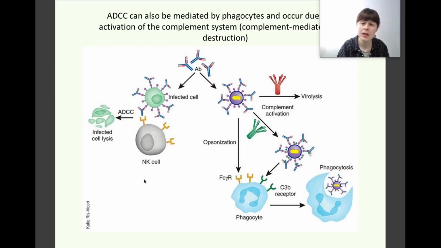In this case, this is a more complex mechanism, because the Fc region of immunoglobulin M and immunoglobulin G antibodies can also activate the complement system, the classical pathway that we mentioned before. Fc fragments of immunoglobulin can bind with the C1q component of the classical pathway.